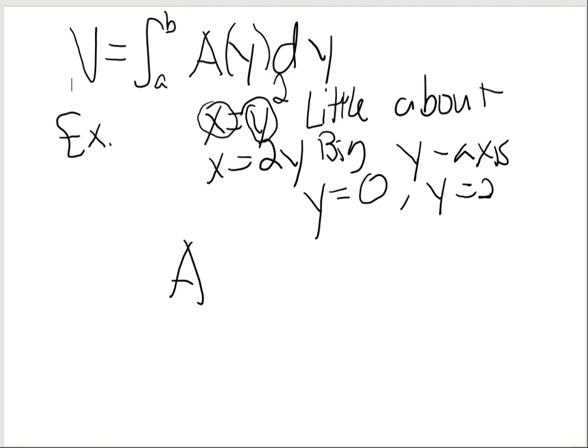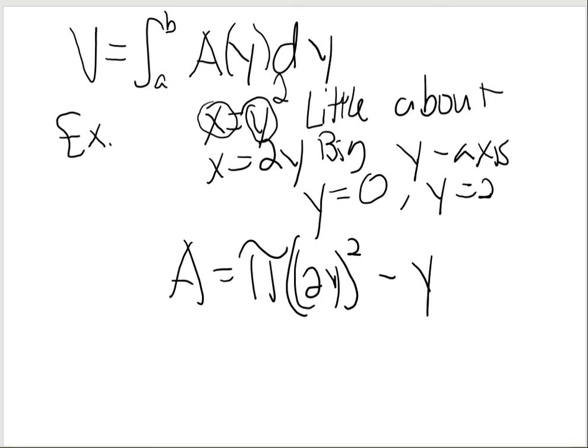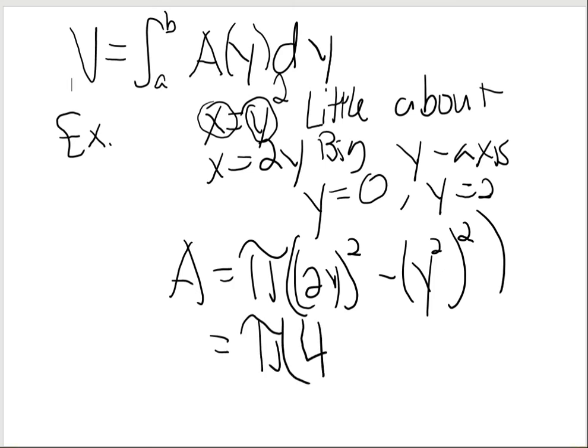So what is our area? Well, it's going to be pi, big one quantity squared minus little one quantity squared, or pi times 4y squared minus y to the 4th.